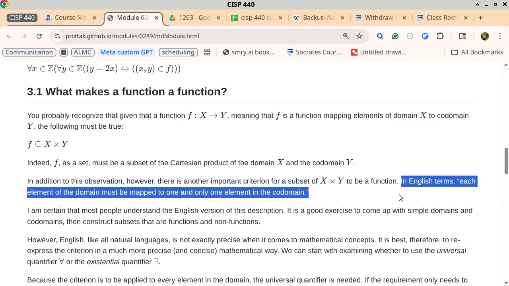Let's go ahead and do that. All right. So remember what we said. The easiest part is the universal quantifier. So the universal quantifier is basically saying for every, I'm going to say e, in x, we need blah blah blah.